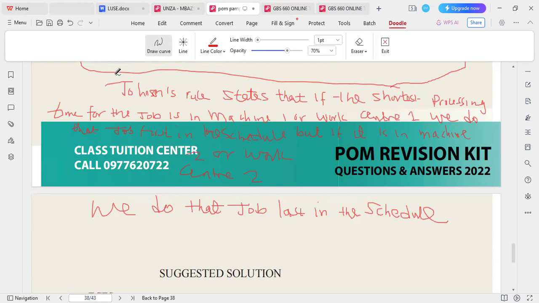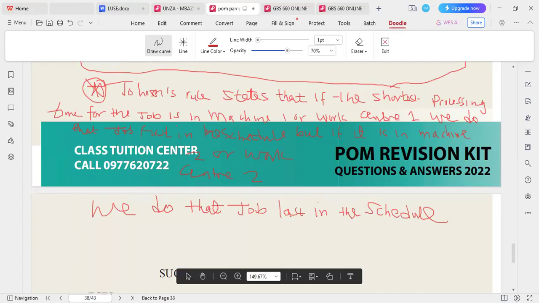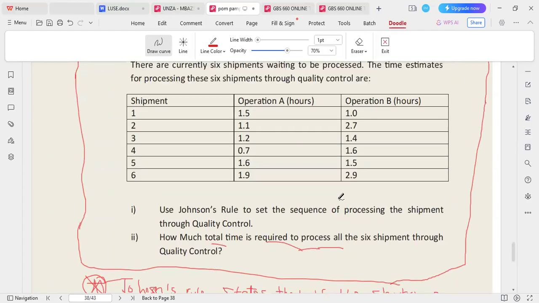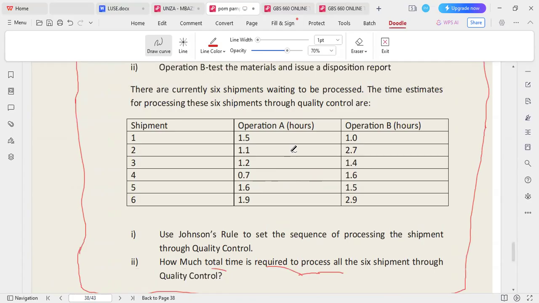So this is what Johnson's rule states. All right, so now there's the aspect of following the sequence. So now we look at the overall smallest processing time.